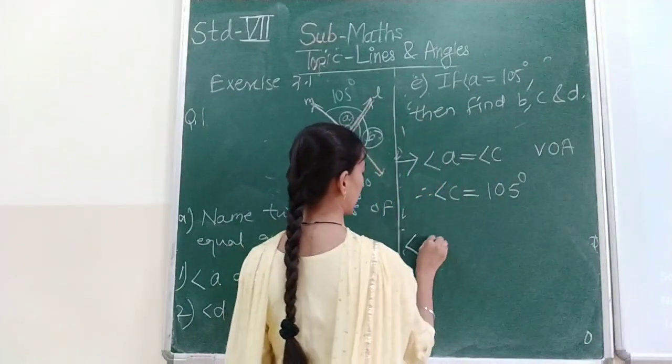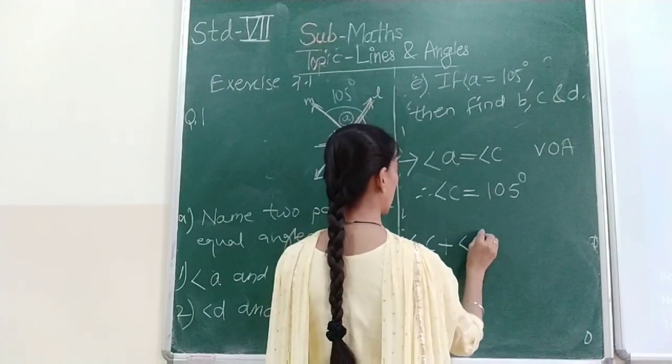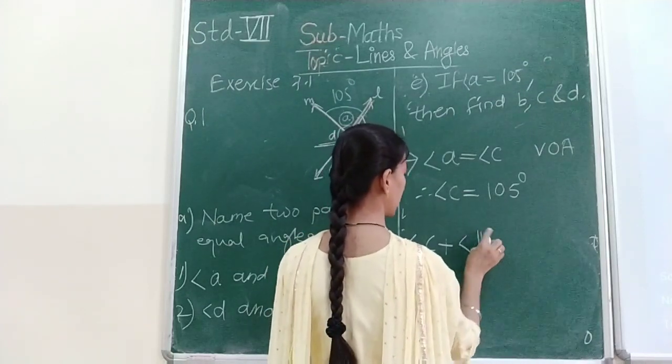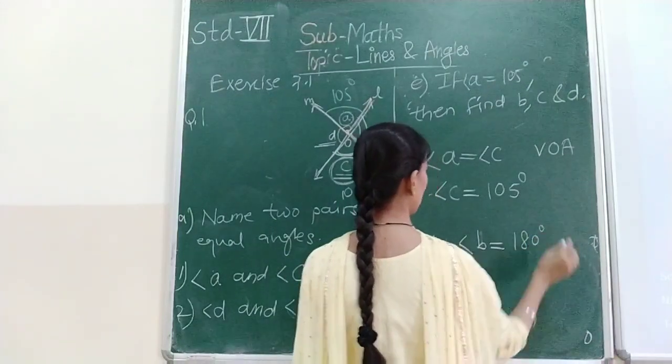So angle C plus angle D or angle B, whatever you are taking, take B first. This angle addition is 180.